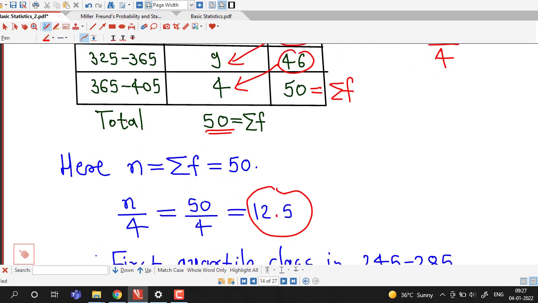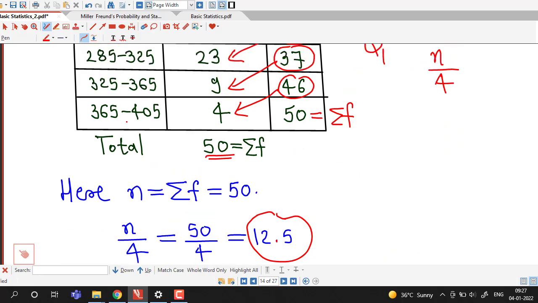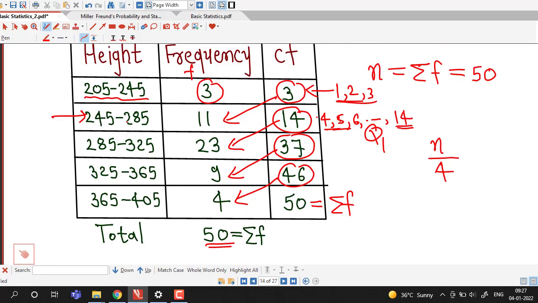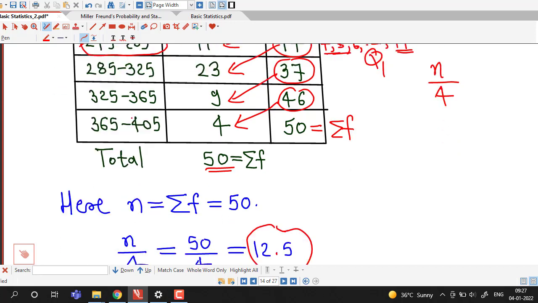So this 12.5th observation or position will have height in this class. So this is the first quartile class, 245 to 285.